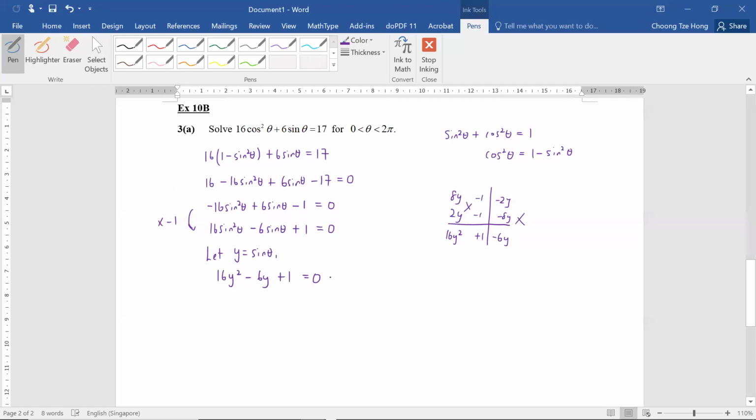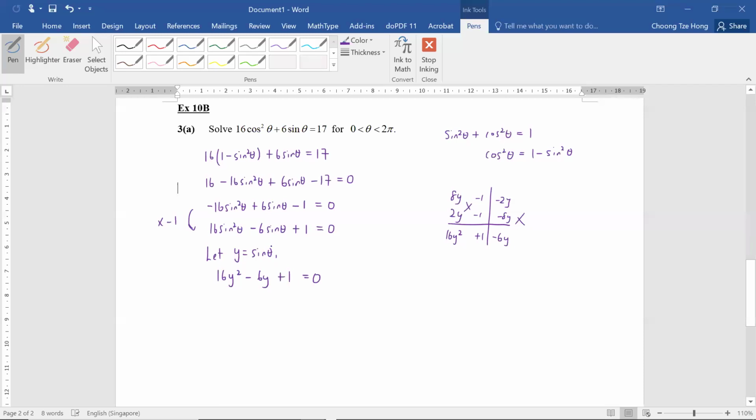Do you still recall how we prove that a quadratic equation has no real roots? We can work out the discriminant, and if the discriminant is less than 0, then the equation has no real roots.